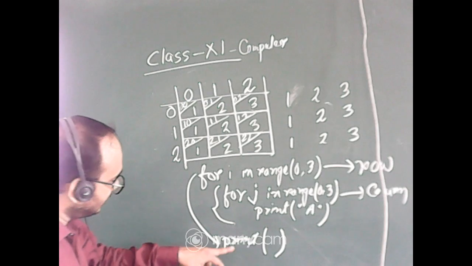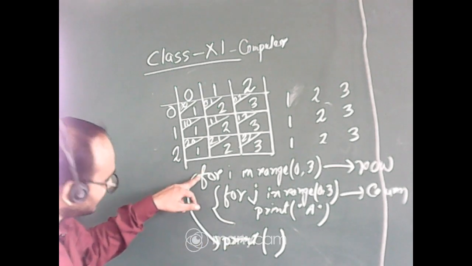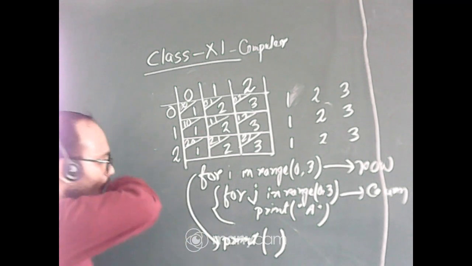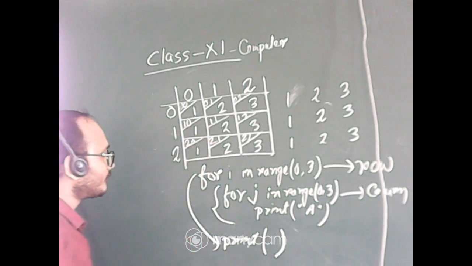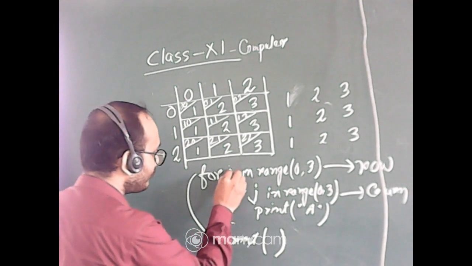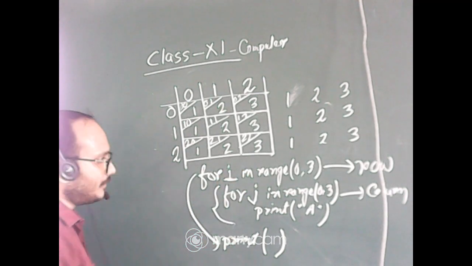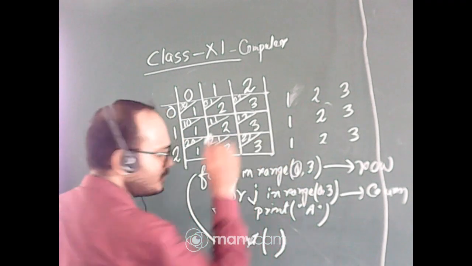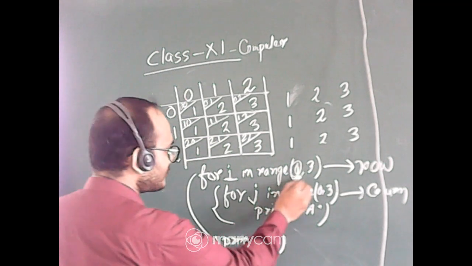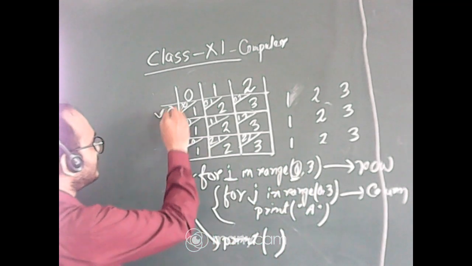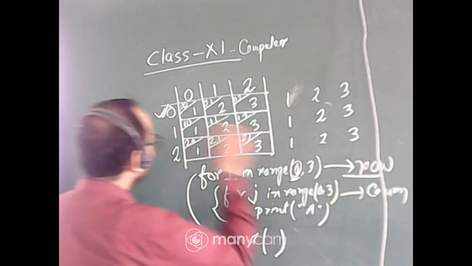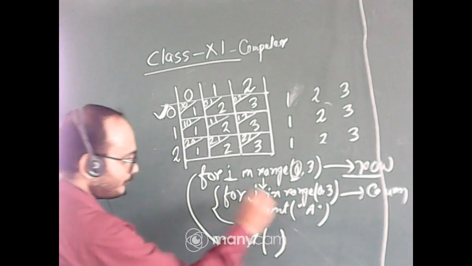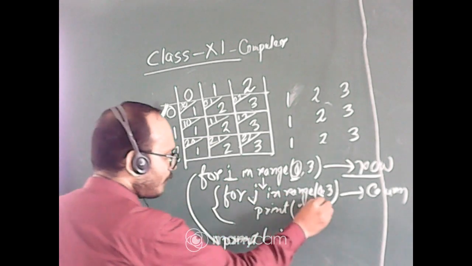If we write this print in this outer loop, then what happened? Look at here. First i starts from 0, because the i value starts from 0. So the first is 0, which represents the row, so row 0. Then it comes here, j starts from 0.